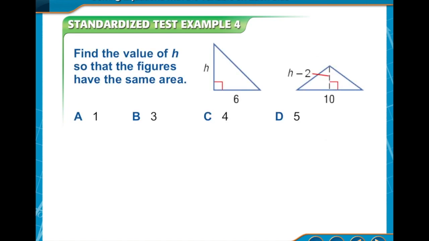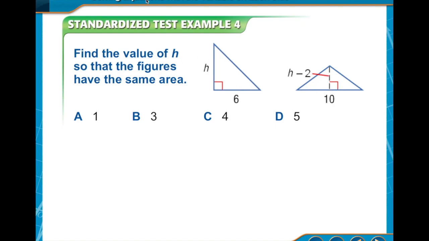So a quick standardized test example. We can find the value of h for these figures that have the same area. So we know that our area is base times height divided by 2 for a triangle. So they say the areas are equal. In other words, the area of this triangle and the area of this triangle have to be the same.